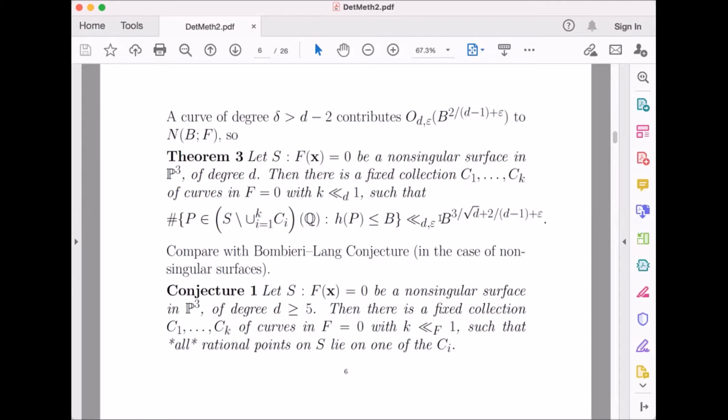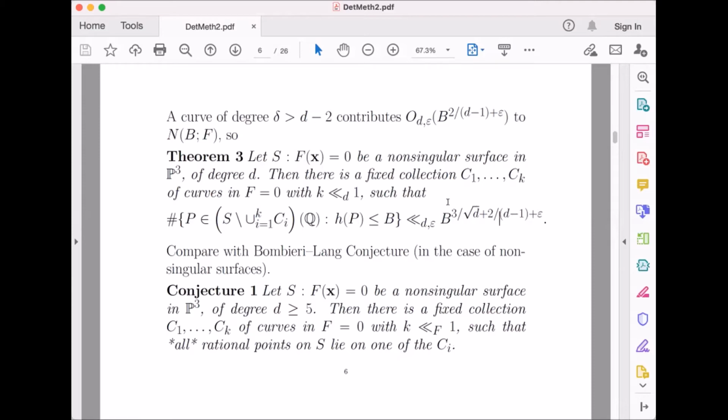So the theorem we can prove says that apart from this rather small number, all the points lie on these curves. The Bombieri-Lang conjecture would say that all rational points lie on one of these curves.